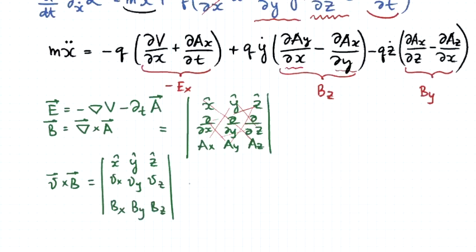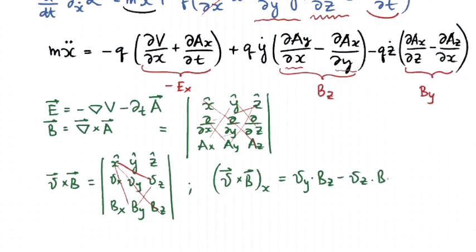In particular, we can see that the cross product of V and B and its x component will be given by, so here we have with a plus sign, and this will go with a minus sign. So we're getting v sub y times B z minus v sub z times B y.